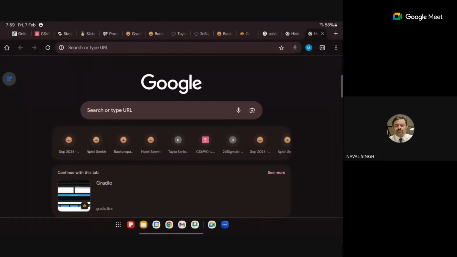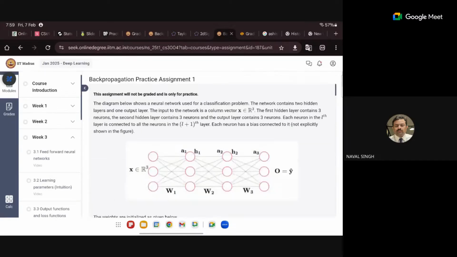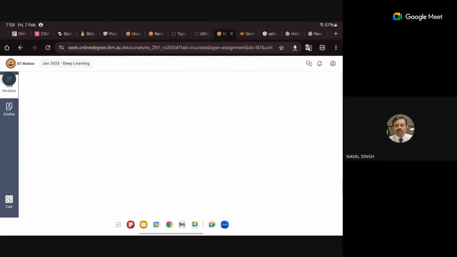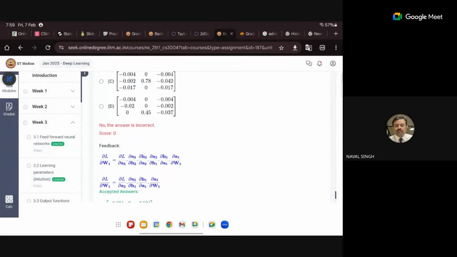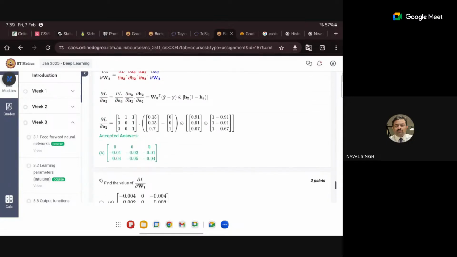Yeah. Before I explain, if you have done this practice assignment, maybe there won't be an issue. I've solved that practice assignment. So here what you have to do is W3 transpose.